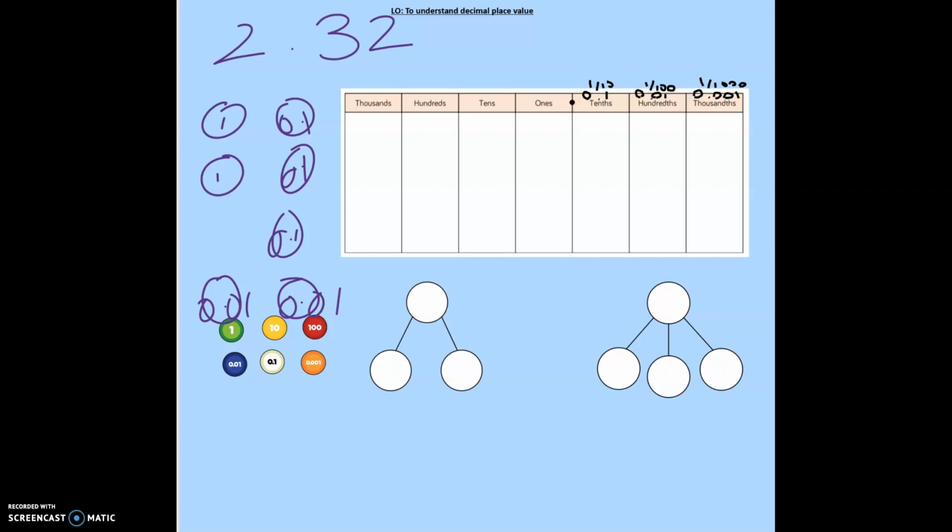I can put that into my place value chart because I'm going to have 2 ones, decimal point, 3 tenths, and I'm going to have 2 hundredths, and then I can think of different ways to partition. So I've got 2.32. I think I'm going to do 1.3, and I'm going to do 1.02. If I was to add those together, I'd get 2.32.